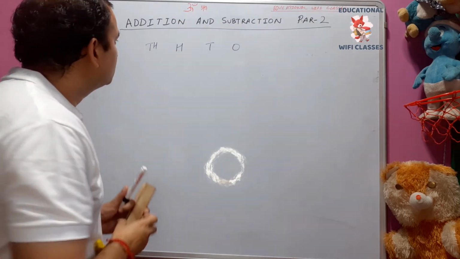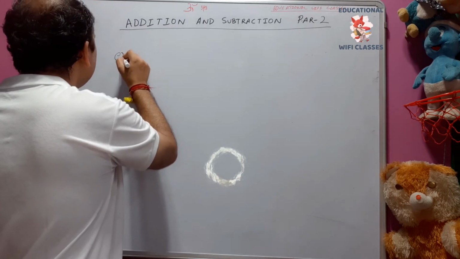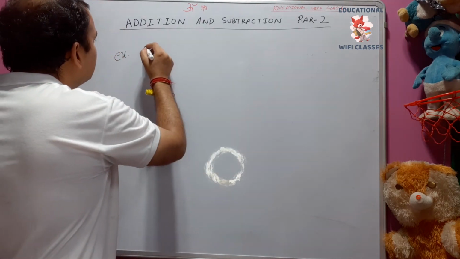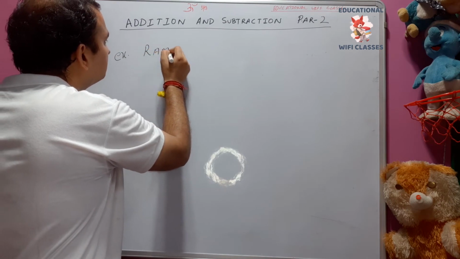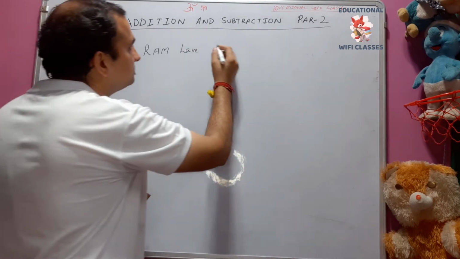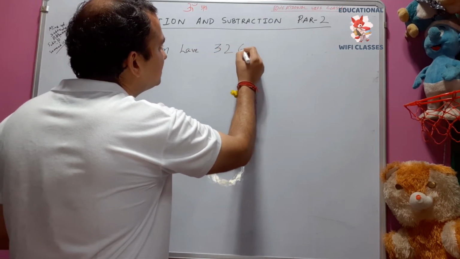Okay, so let's go with one example. Suppose Ram has 326 pencils.